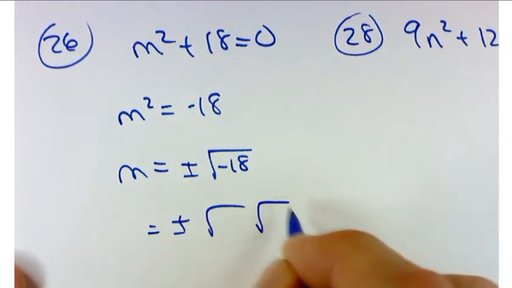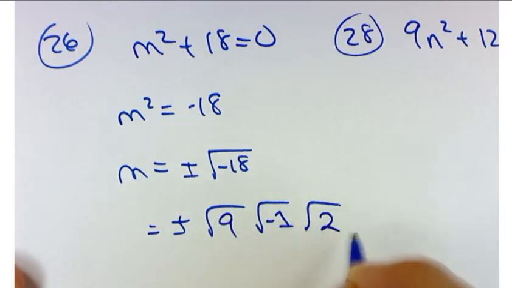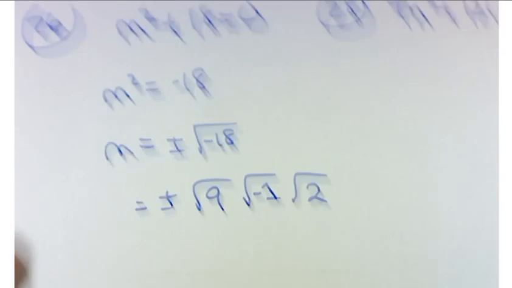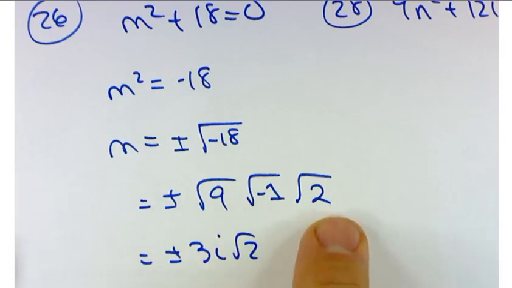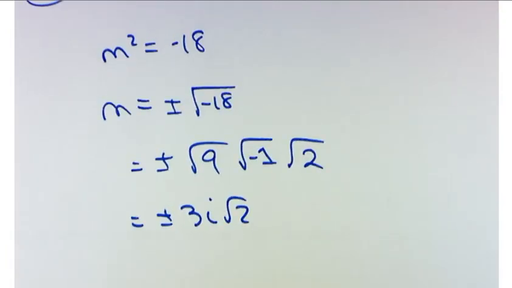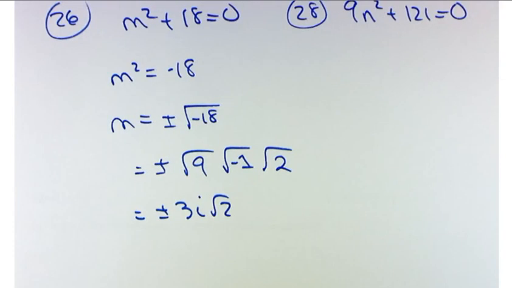Negative 18 can be rewritten as negative 1 and 9 and a 2. So when I simplify all this, I get plus or minus 3i square roots of 2. Now if you wrote the i after all that, that's fine as well. Any of those orders, like I said, there's 6 orders that you can use for that.